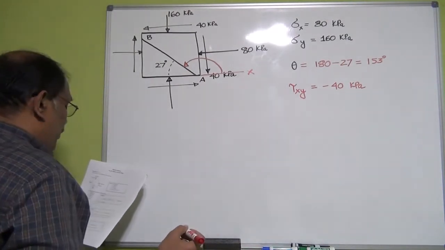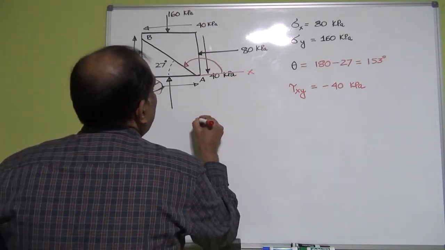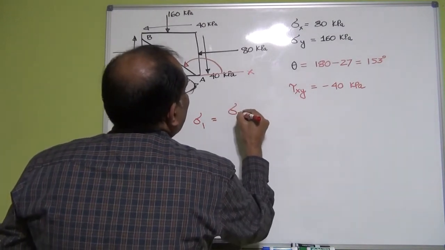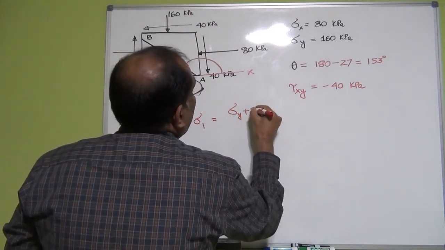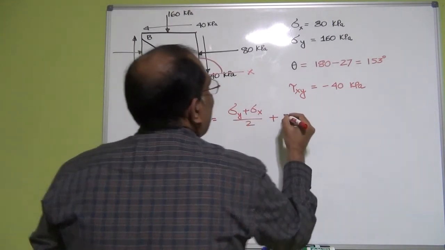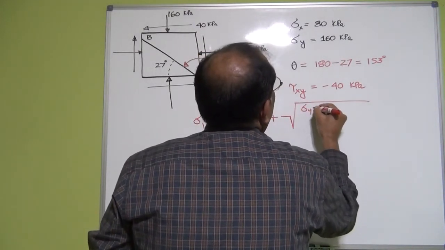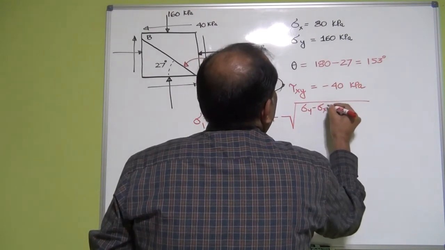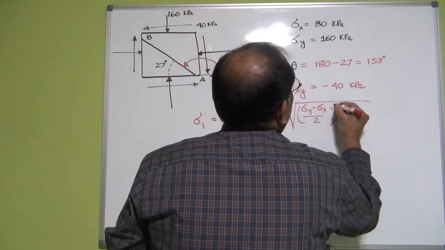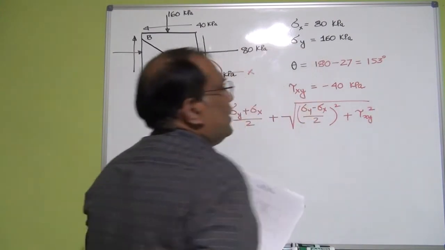So we know from equation 10.6 of your book that sigma 1 is equal to sigma y plus sigma x divided by 2 plus the square root of sigma y minus sigma x by 2 whole square plus tau xy square.